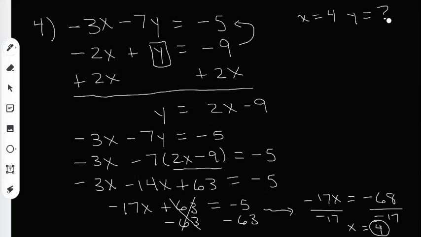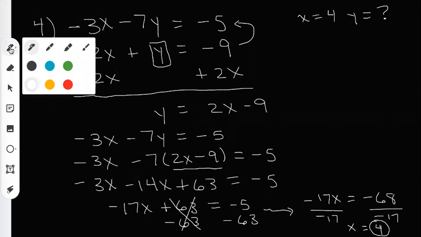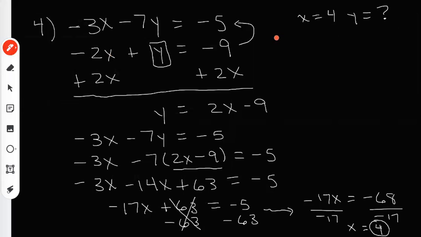What is y? Well, I still don't know that, so I've got to leave the question mark. But I can always substitute back into whichever equation I want, right? Either the top or the bottom. So this time I'm going to choose the bottom equation because it does kind of look the easiest.